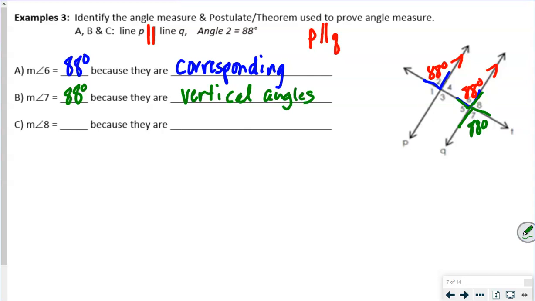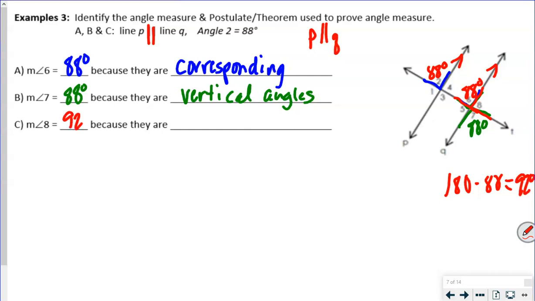Okay, so we could use either 7 or 6 to find 8, but what you should notice about 8 is, and I'm going to draw it, 8 is right here, right? Notice these two angles, don't they form a straight line? So to find this one, couldn't we do 180 minus 88? And isn't that going to be equal to 92, I think? 92 degrees, right?